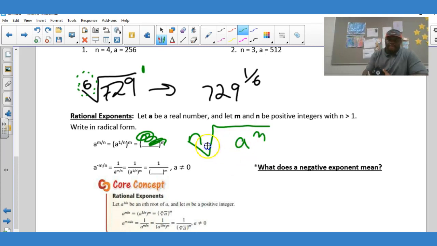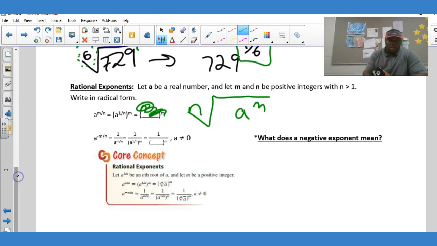Remember, I told you this is 729 to the 1, that's your numerator, and that's the denominator of your exponent. This is writing it in exponential form.